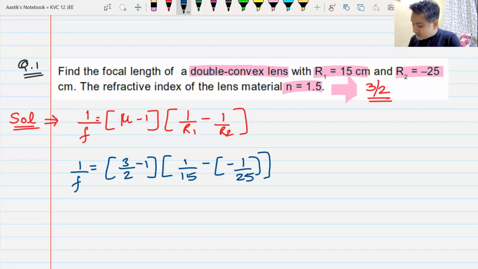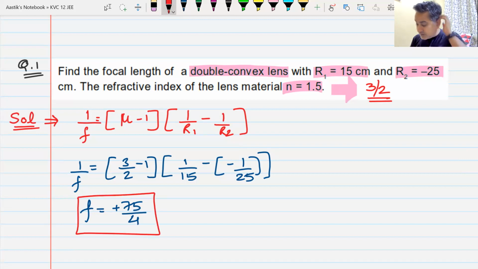You can calculate the rest. What is the answer for the focal length coming? 75 by 4, sir. 75 by 4 with a positive sign. That means it has to be a convex lens, a double convex lens for that matter. And that is the answer we got. Everyone got the same answer? Yes or no? Can I have raised hands from everyone?